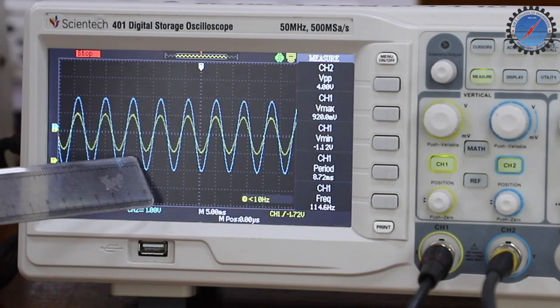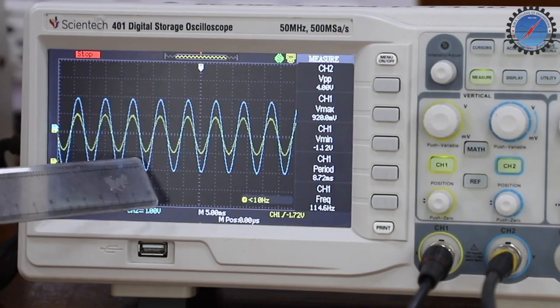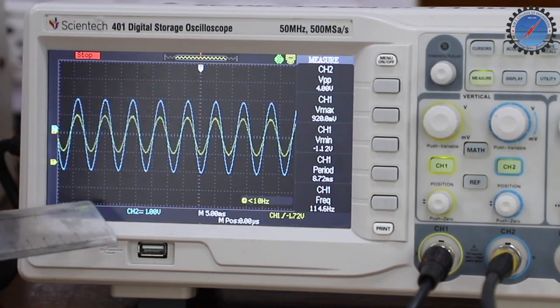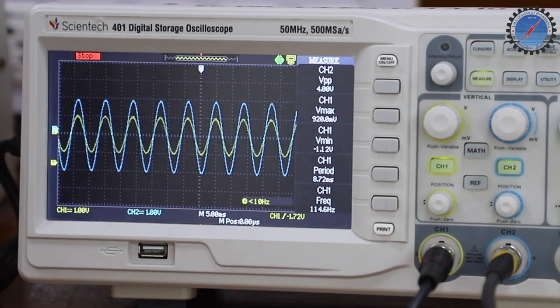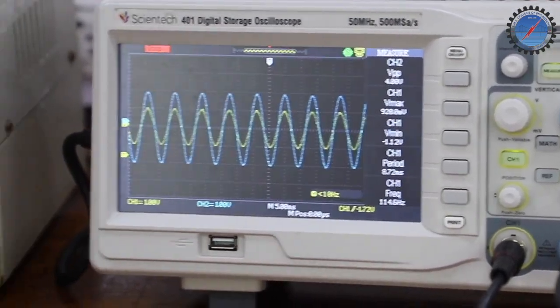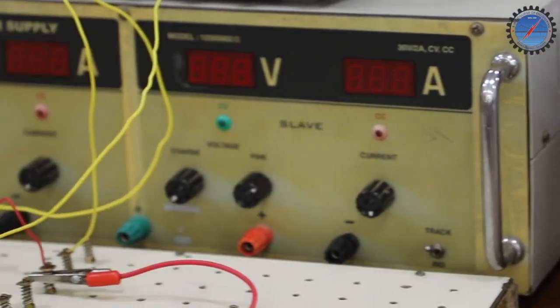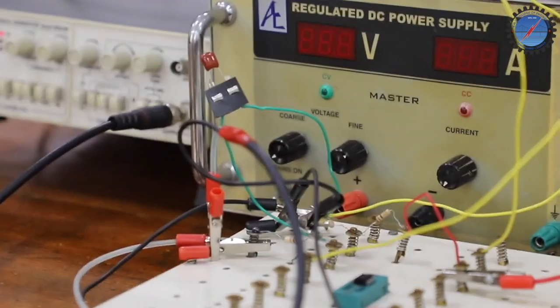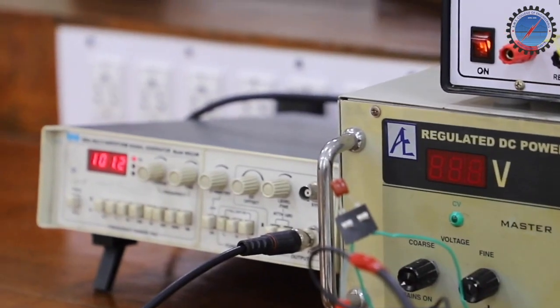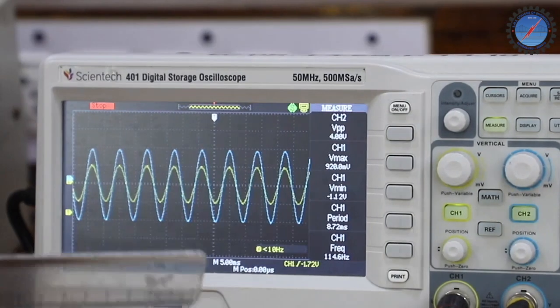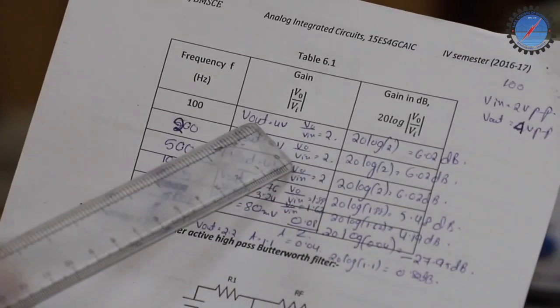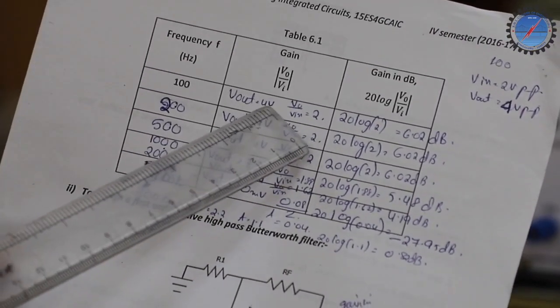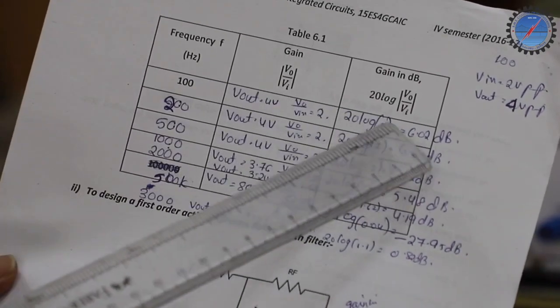You can measure here vertically, we are getting 4 volts. Like this, you need to vary the frequency from 100 Hertz to 1 megahertz. We are going to vary the frequency and note down the corresponding output voltage amplitude at each step. Output voltage 4 volts, then find out the gain in dB.